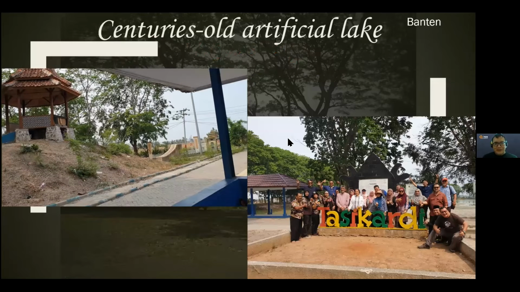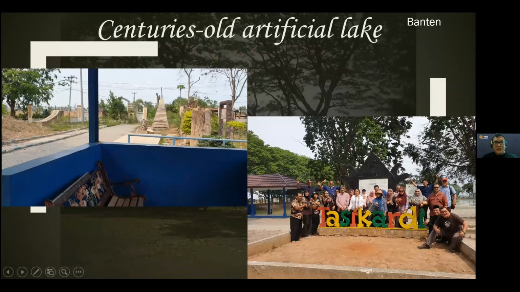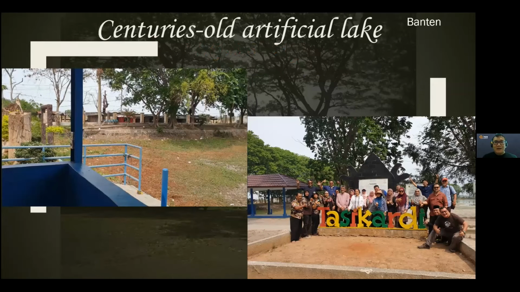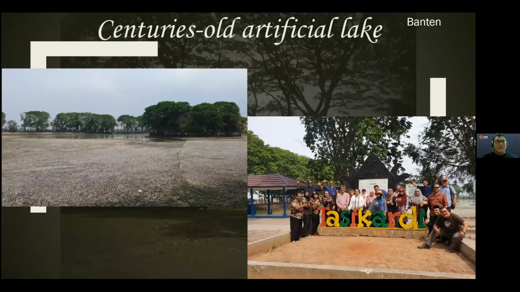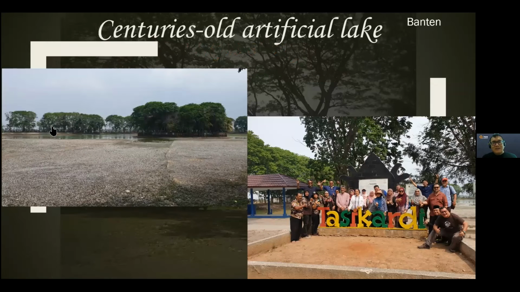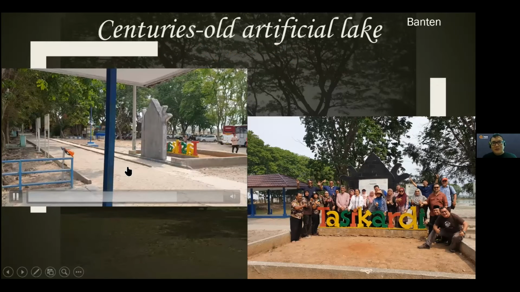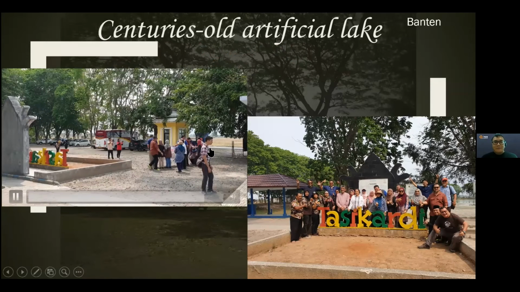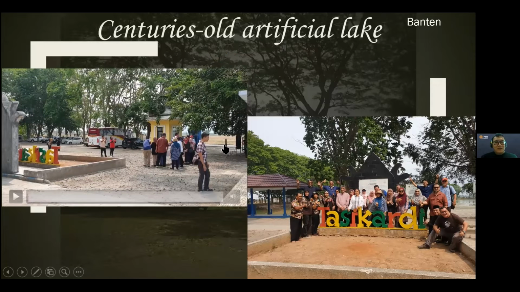It's a reservoir actually, built during the reign of Sultan Maulana in 1570 to 1580. This was the time when we went. It was like the dry season, so the lake was low. They did have great assistance from the Dutch.